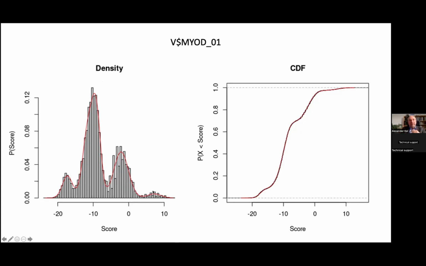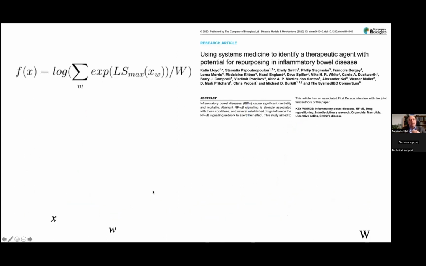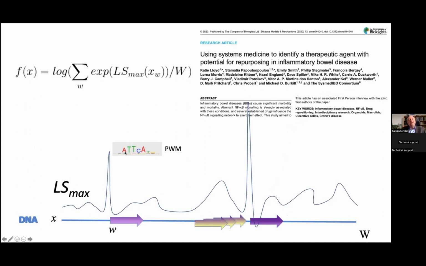And that's very clear why, because in many cases, these matrices have very few very conserved nucleotides. So the matrix can be of the length of, say, 10, 12, 15, but maybe only 3, 4, or 5 nucleotides are really conserved.